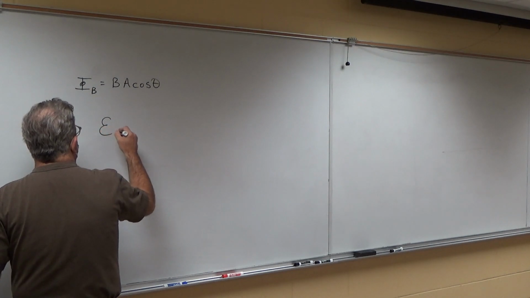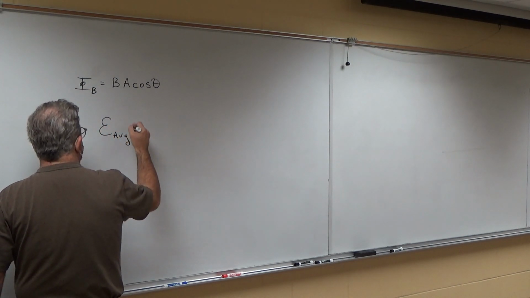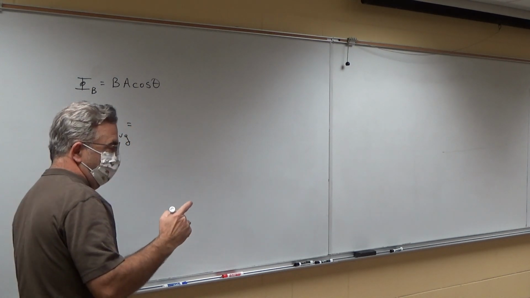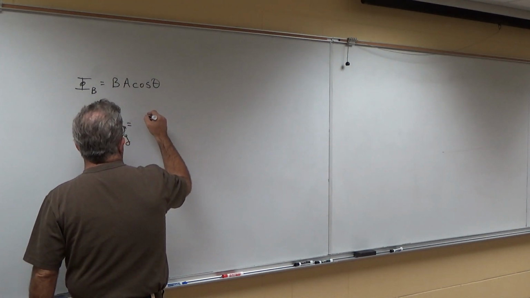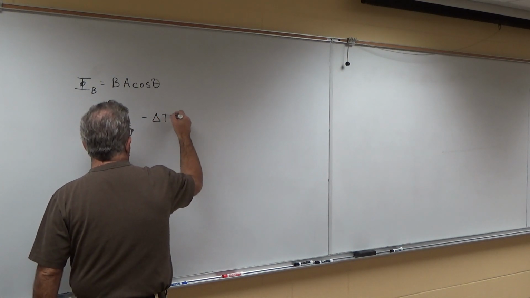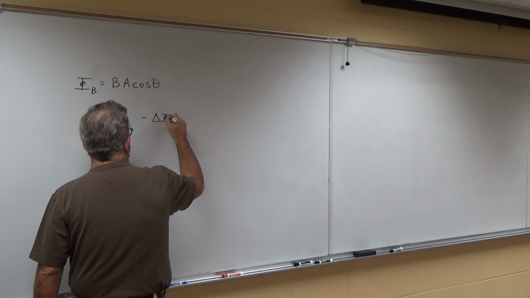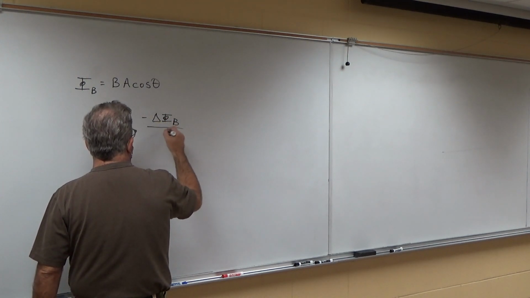Faraday's law says that the average induced EMF in a loop or in a coil is going to be minus delta phi B over delta t.